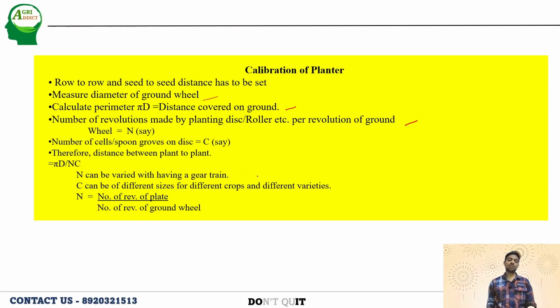If you are applying power, the number of revolutions will vary. C can be of different sizes for different crops and varieties. For example, if you have coconut seedlings, that particular groove changes. If you are planting tomato, that groove changes. And N is the number of revolutions made by the planting disc. This is given by the number of revolutions of the disc divided by the number of revolutions of the ground wheel. You can find it out.